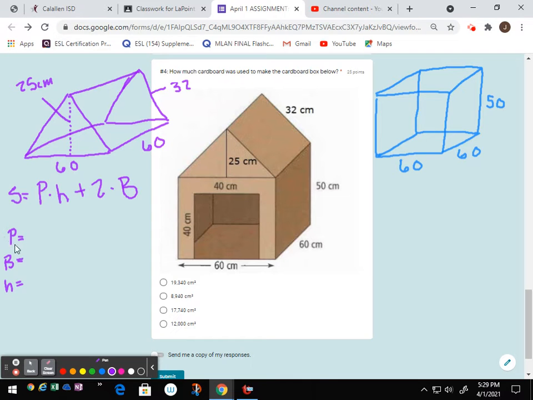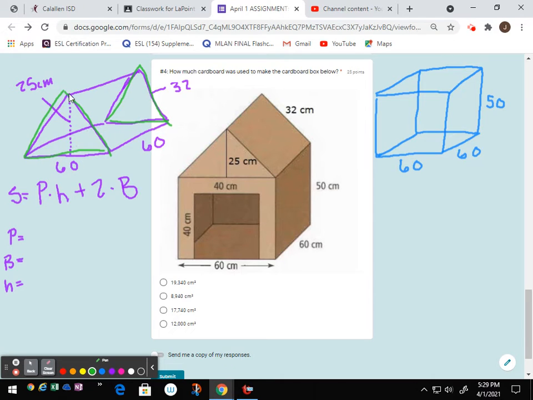So now again, let's go find the perimeter of the base. When we talk about the perimeter of the base for a triangular prism, it's always the shape that's a triangle. So our triangles are on the sides. Our bases are on the sides, okay? So we have a base in the front, and we have a base in the back, all right? So let's worry about the front one.